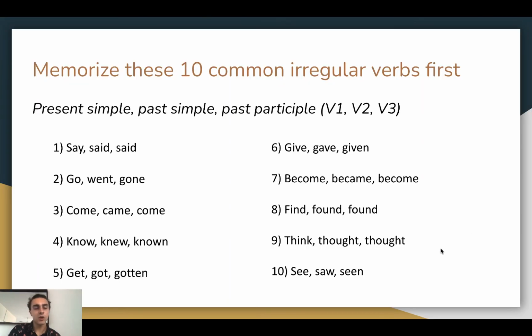So one strategy is to memorize these 10 very common irregular verbs first. So I won't read them to you, but say, said, said, go, went, gone, come, came, come. These are all very common irregular verbs that you'll read about, that you'll hear, and if you can memorize these 10, it will be a lot easier for you when trying to form the passive voice and just studying English.